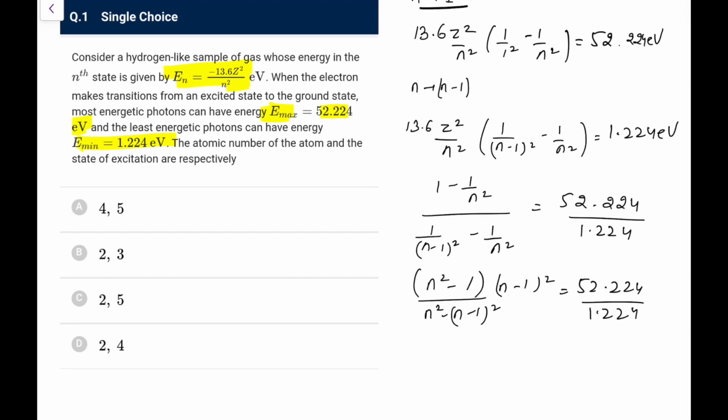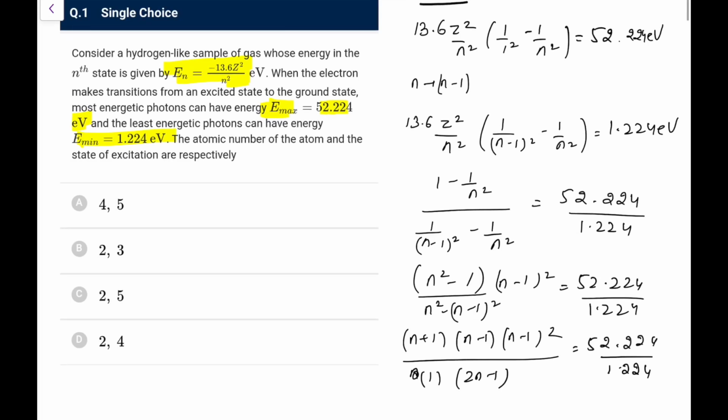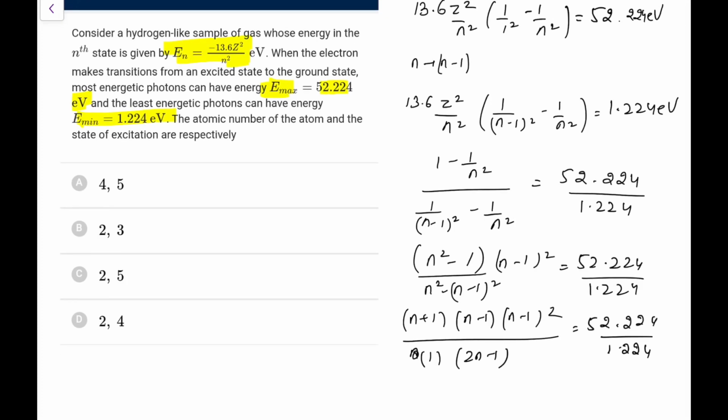So we have n square minus 1 above, so (n plus 1) into (n minus 1) into (n minus 1) whole square upon, this will become n minus 1, that is 1, and n plus n minus 1, that is 2n minus 1, equal to 52.224 upon 1.224. This is going to be too calculative, I suppose, because nothing is getting easier, so it's not an easy equation. I'm not going to take it for you, it would be better to attempt it in the last.